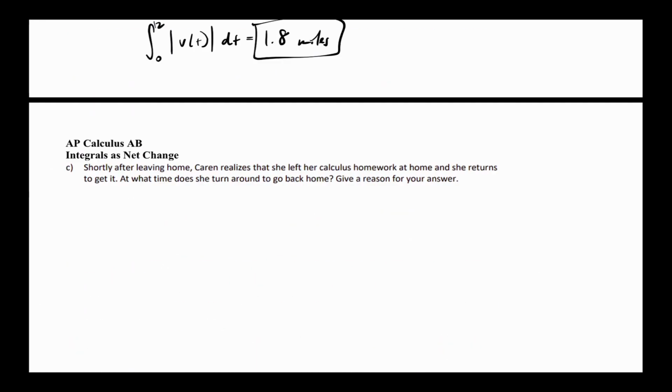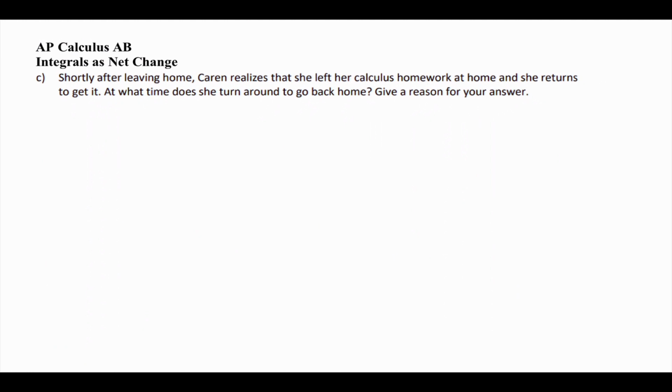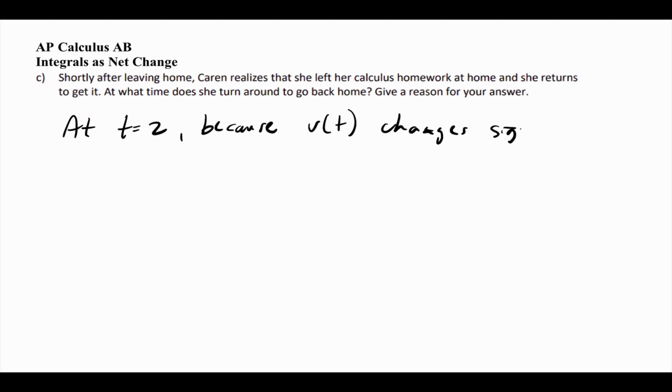Okay, so let's write that down. At time equals 2 because velocity changes signs.